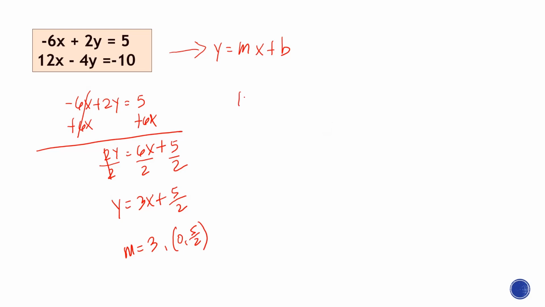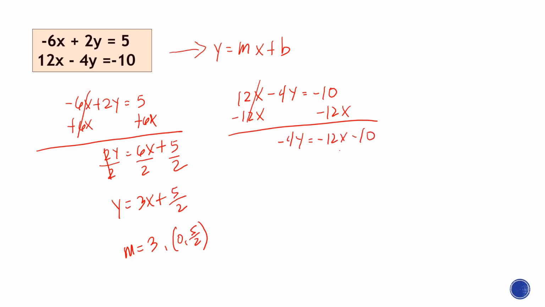For the second equation, we have minus 12x on both sides. This will be negative 4y equals negative 12x minus 10.